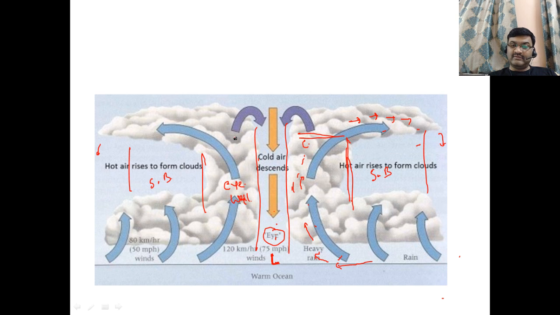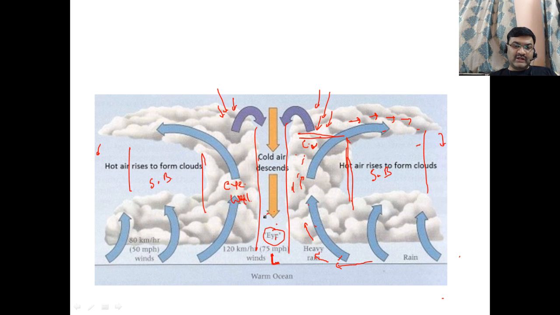Where is the dense cloud? From the diagram itself you can see the dense cloud cover is in the eye wall. In this area you have the dense cloud, right? So maximum rainfall will be in the region of the eye wall.